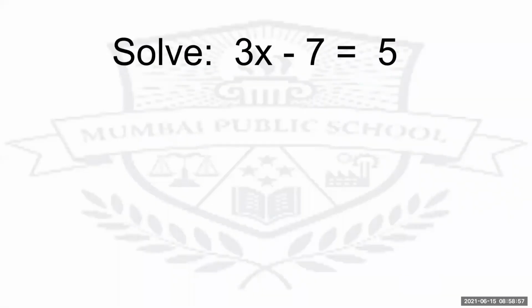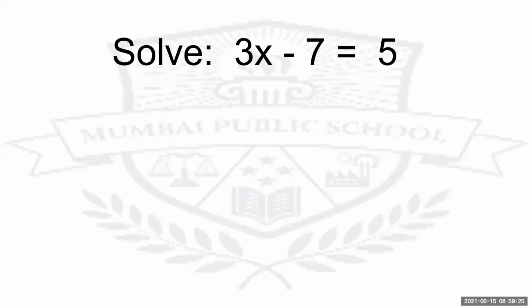Now check, there is one example. Solve 3x minus 7 equals to 5. First you'll eliminate minus 7. Opposite of minus 7 is plus 7. So you'll add plus 7 on both the sides, or you can directly change the position of minus 7.